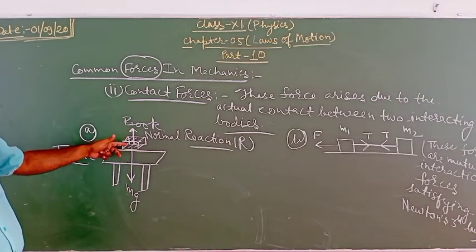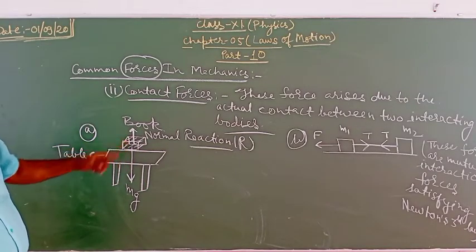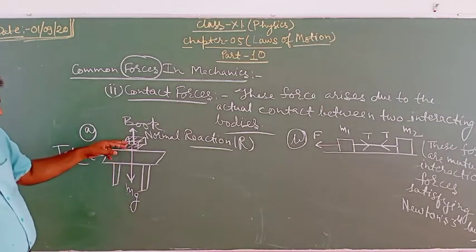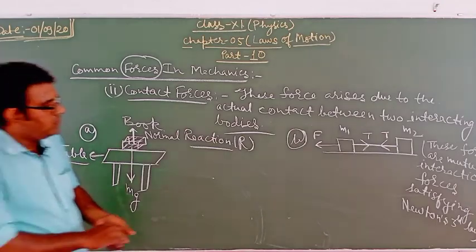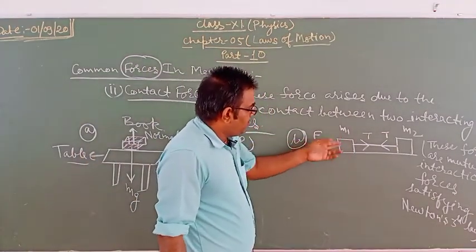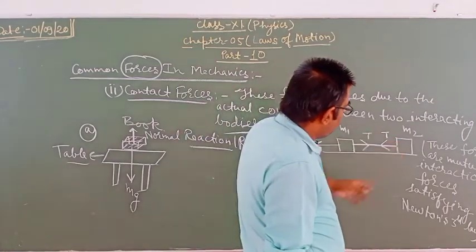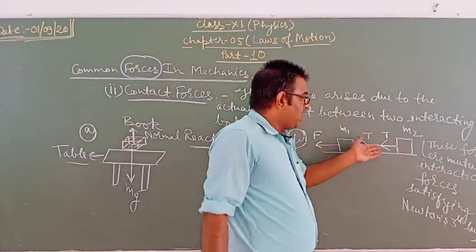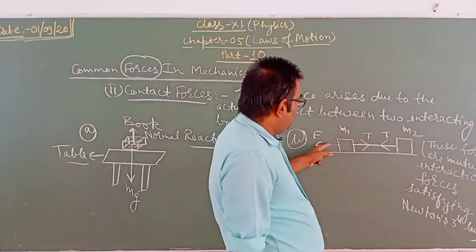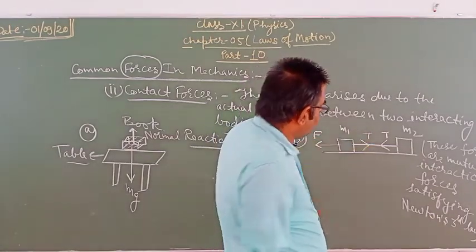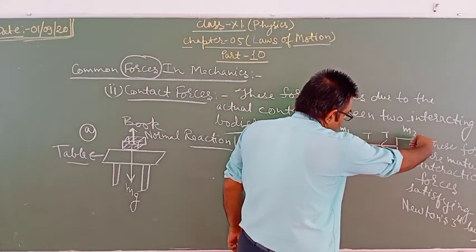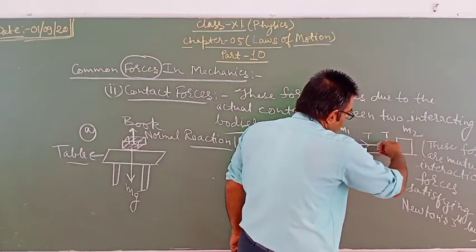These forces arise due to the mutual interaction between the tabletop and the surface of the book. Here also a force F is pulling mass m1. These are two rigid masses, so the rod connecting them, due to Newton's third law, develops a tension, and due to this tension it pushes mass m2.